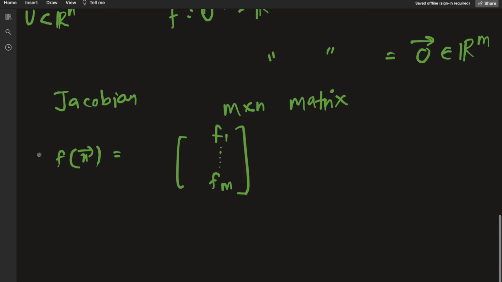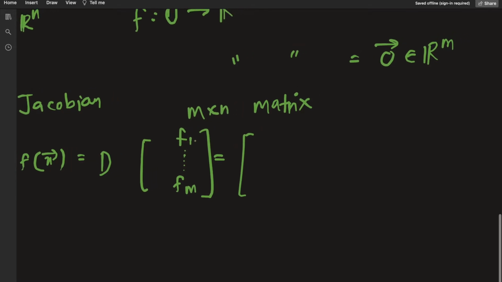But when you differentiate this, we need to differentiate each. So you'll have partial f1 with respect to partial x1, and this is still the first row, by the way. And then you keep doing this until you reach m.